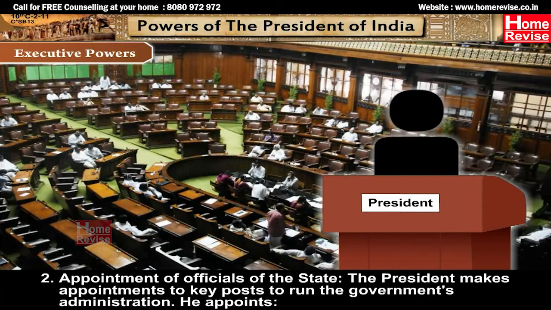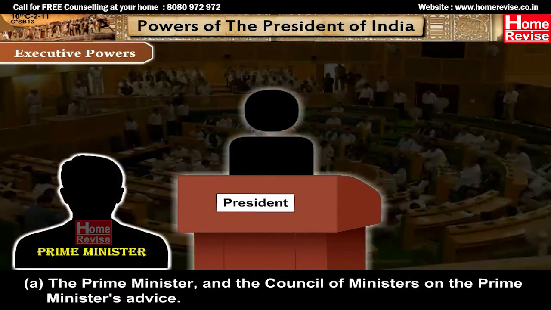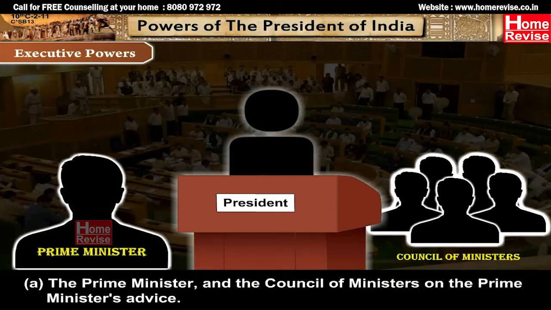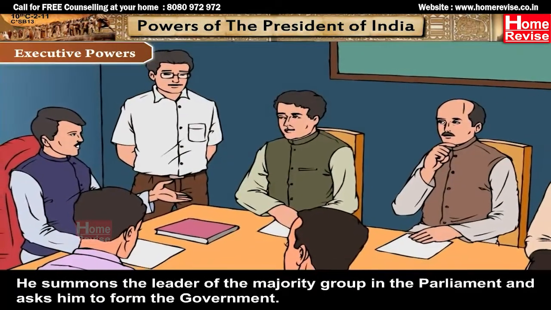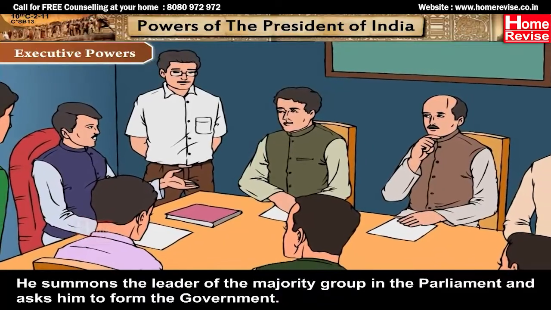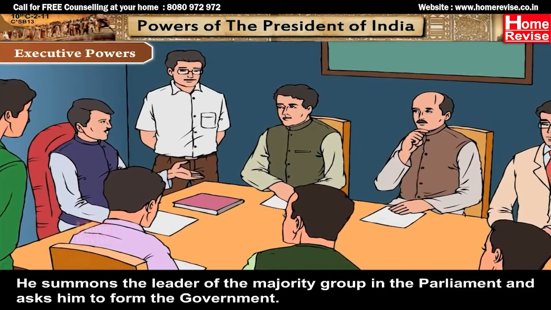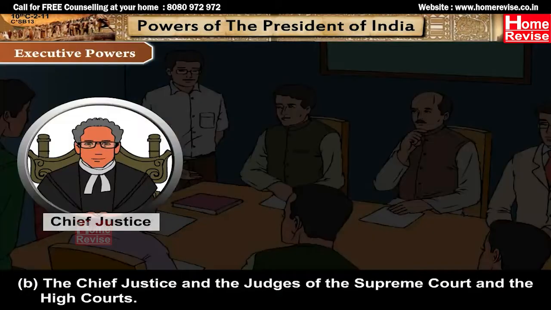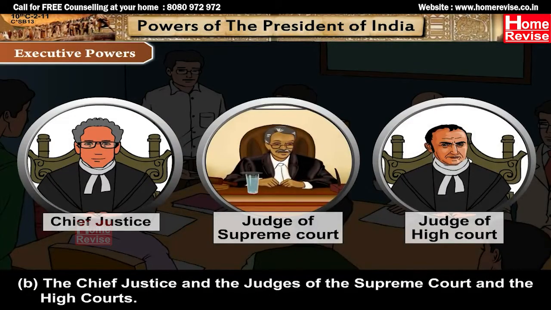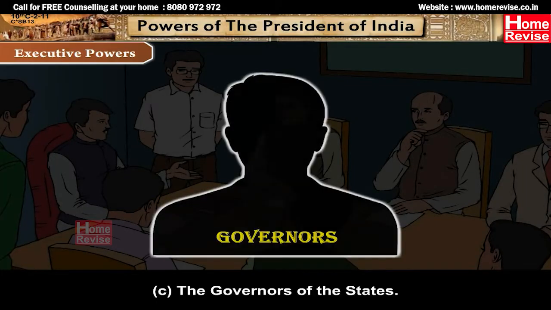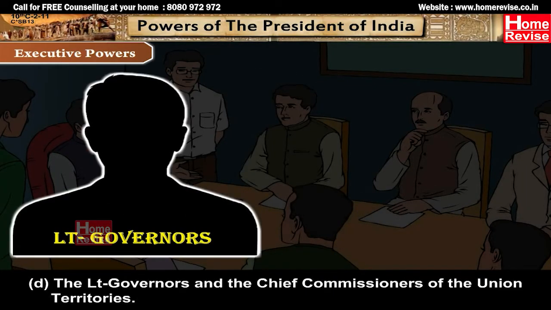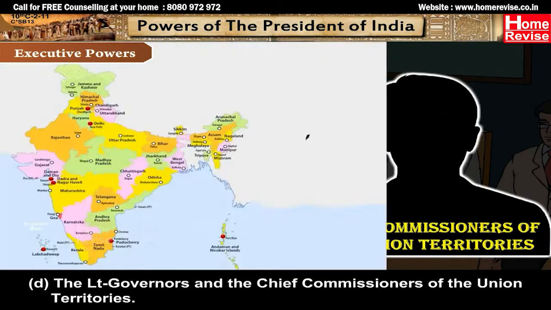He appoints A. The Prime Minister and the Council of Ministers on the Prime Minister's advice. He summons the leader of the majority group in the Parliament and asks him to form the government. B. The Chief Justice and the judges of the Supreme Court and the High Courts. C. The governors of the states. D. The lieutenant governors and the chief commissioners of the Union territories.